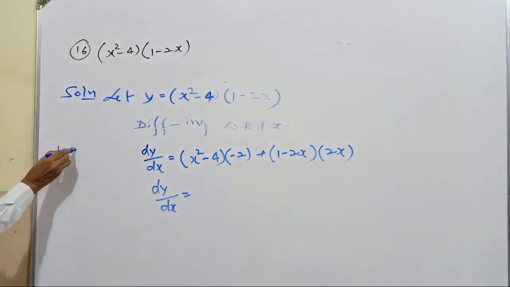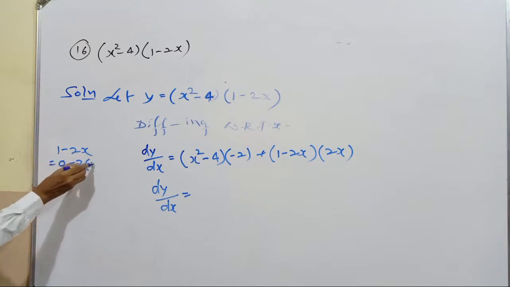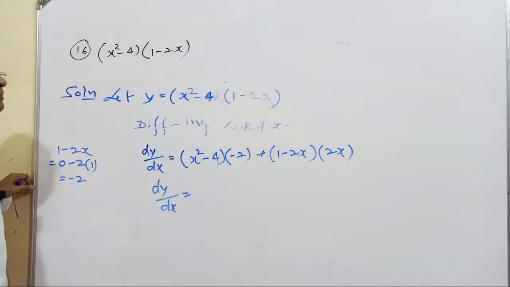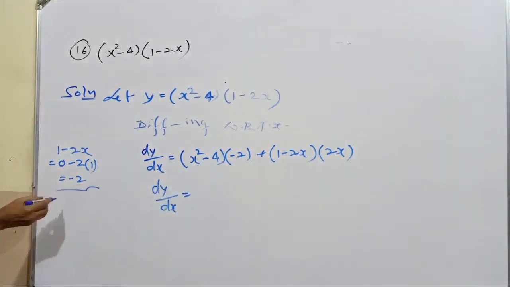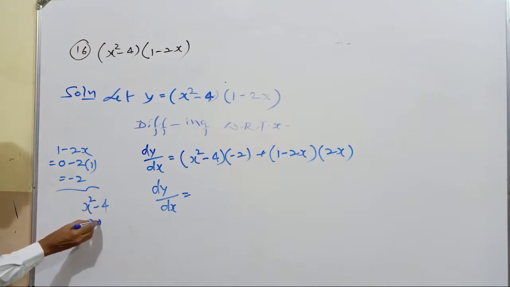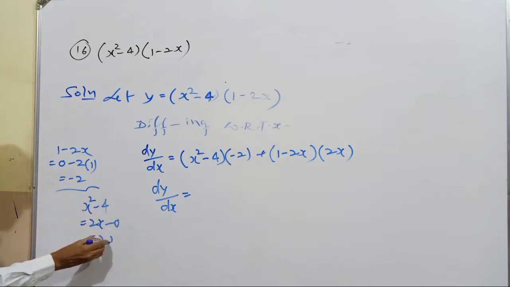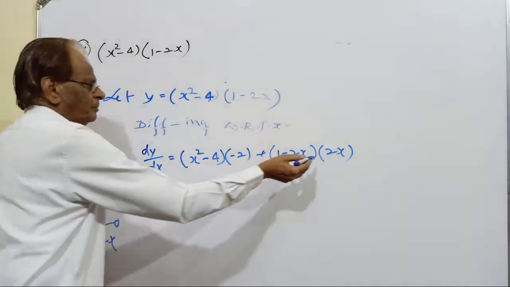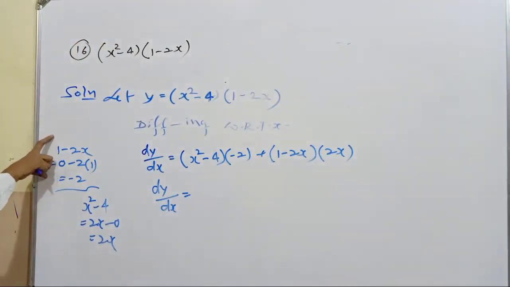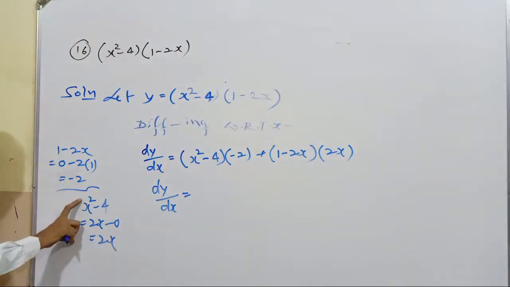The second bracket is 1 minus 2x; if you differentiate 1 minus 2x, it is minus 2. Differentiate x squared minus 4; it is 2x. This is the differentiation of the second bracket and the differentiation of the first bracket.